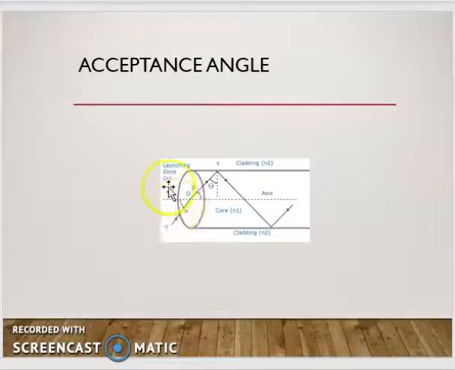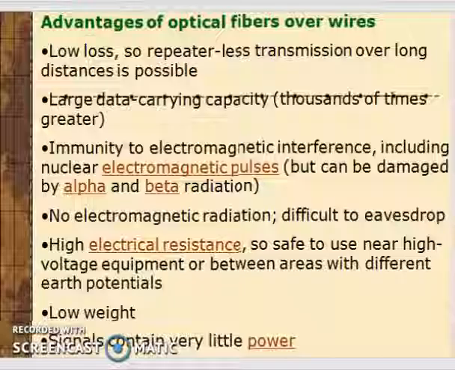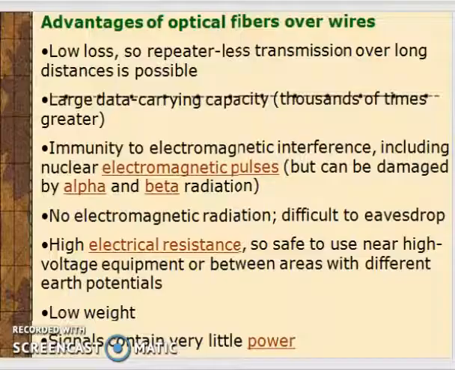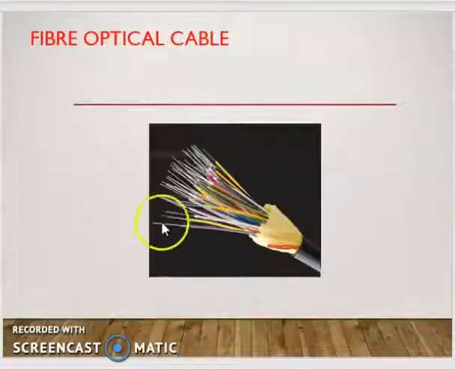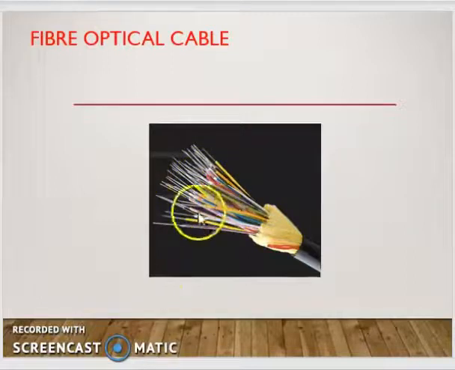The acceptance cone is derived by rotating the acceptance angle about the fiber axis, which is shown in this figure. This is the acceptance cone, which is 2 theta. These are some pictures of the optical fiber cable.